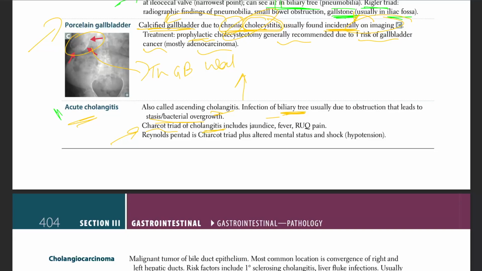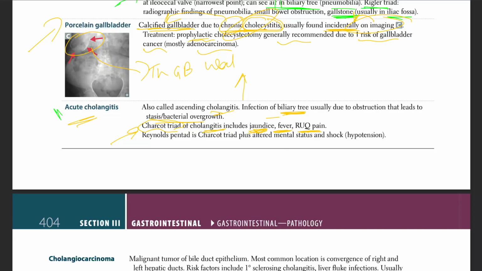What is the triad? You have the jaundice, fever, right upper quadrant pain. It's called the Charcot triad. Jaundice, fever, and right upper quadrant pain. Something else, it's a life-threatening infection.